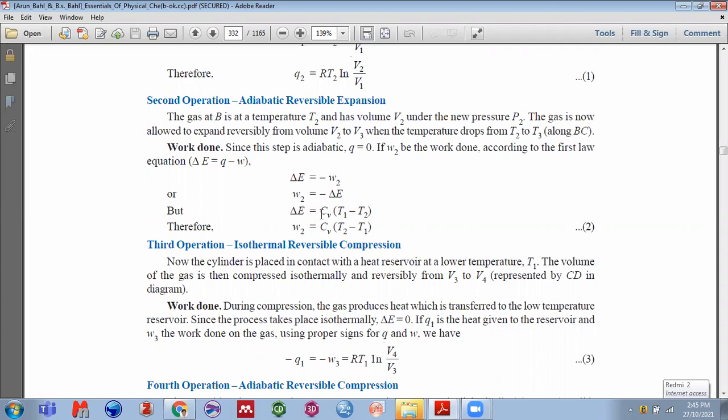After arranging, it becomes CV (T1 minus T2). So W2 equal to CV into (T2 minus T1).